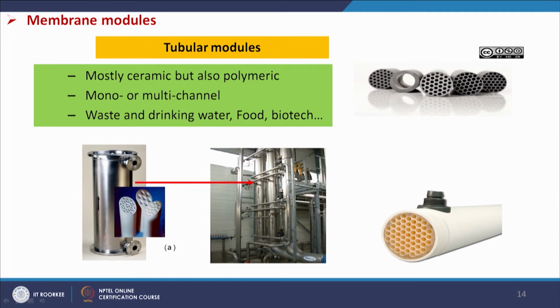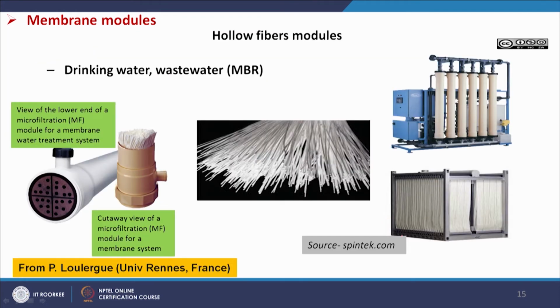And then tubular modules. They are mostly ceramic, but also polymeric, and mono or multi channel is possible. These modules are used for waste and drinking water, food, and biotech applications, as shown here. Then the hollow fiber module, which is used for drinking water and wastewater treatment.